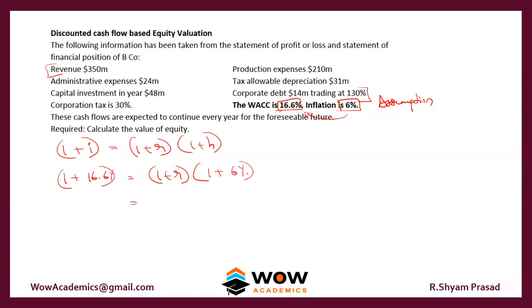So we'll solve this. This becomes 1.166 equals 1 plus r into 1.06. So 1 plus r equals 1.166 divided by 1.06, and the answer comes to 1.1.